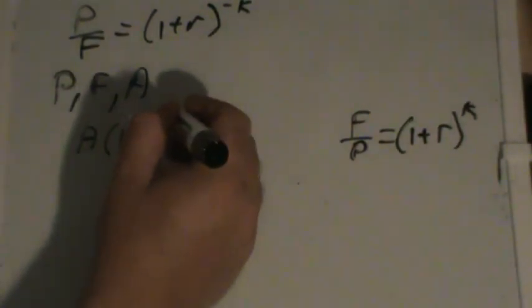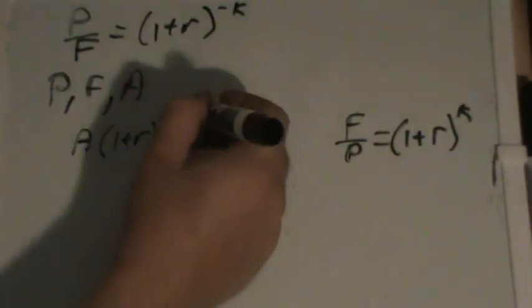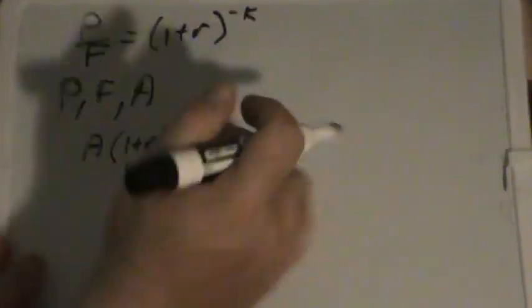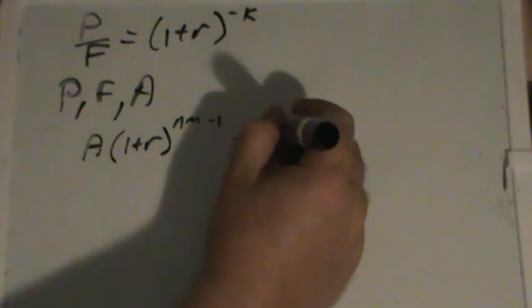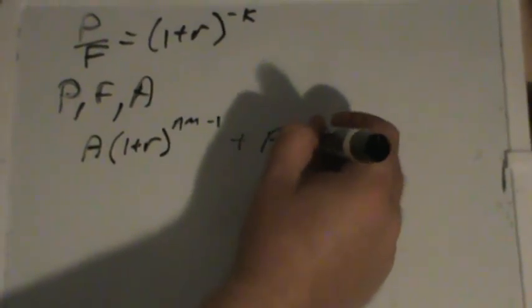So we've got (1 + r)^(nm), but it's after the first period. Right? Because you don't pay the second you drive the car off the lot. You pick up the present value at that point, you pay a month later. So it's 1 month later, and that's my first payment. Then I have to make a second payment a month later.